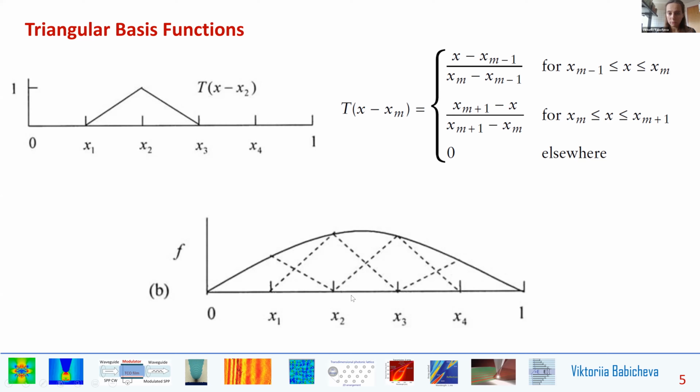And you can see, if this is the subdomain, then you have these 2 functions, or each function spans 2 subdomains. And the partial overlap between them makes triangular functions non-orthogonal, right? Obviously, because they overlap. This is what we call non-orthogonal.